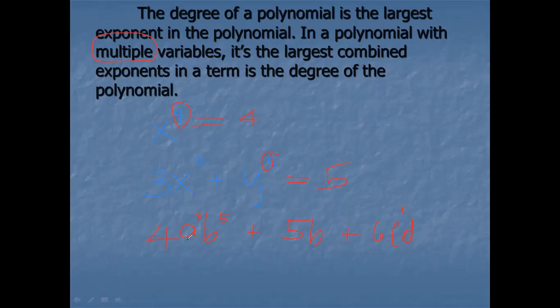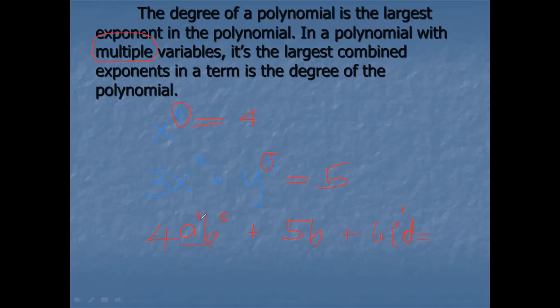You have here 4a cubed b^5 plus 5b plus 6c squared d. So these are now combinations of variables. This is what we call multiple variables.